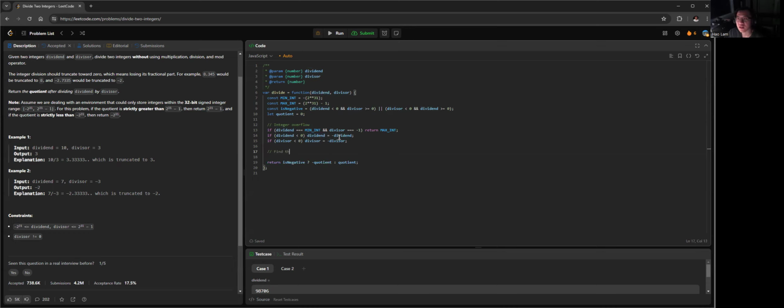Next, we need to find the highest power of 2. We let the highest double equal to the divisor, and we keep doubling the divisor until we get a large enough double that is greater than or equal to the dividend. And we set the highest double and the highest power of 2.